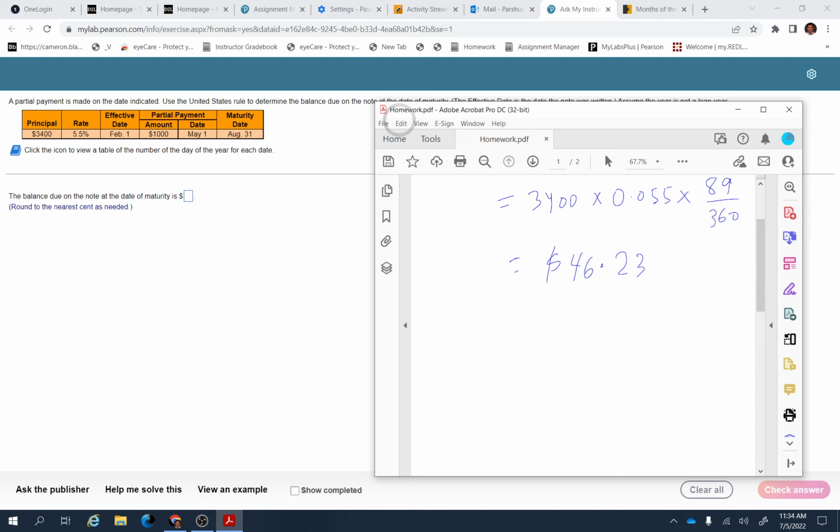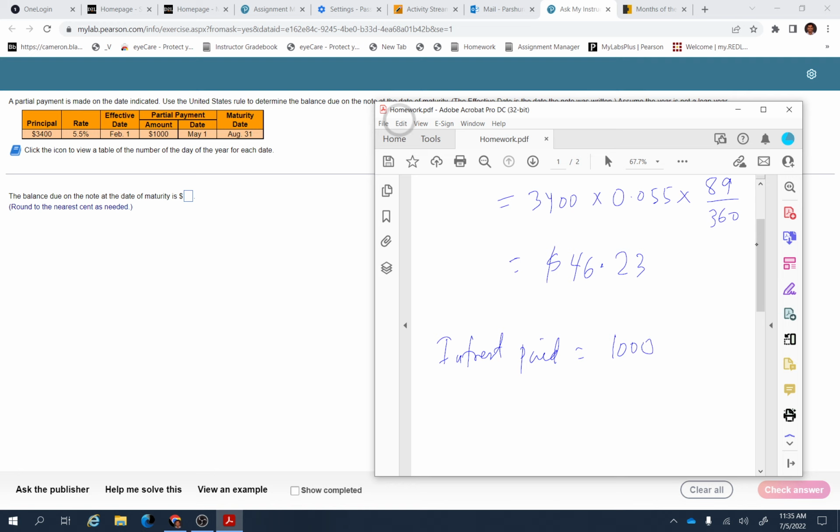So the interest paid for that time frame is $46.23.